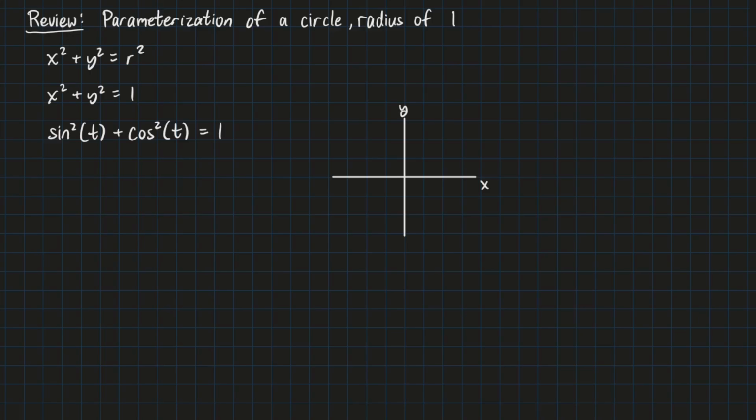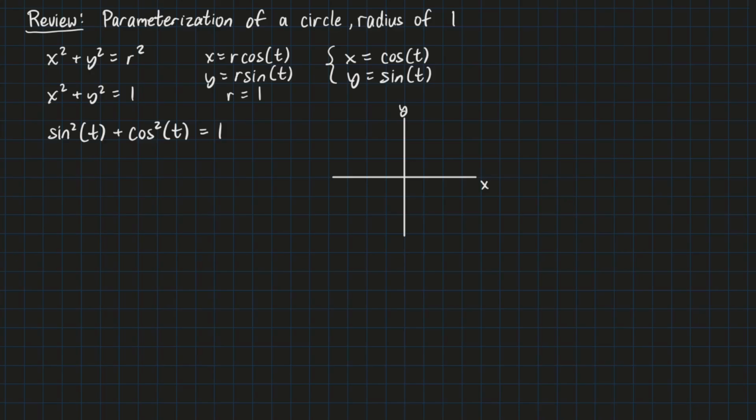So we can say that x equals r cosine t, and y equals r sine t, and r, the radius, is 1. So we can just make the substitution. So we can have this vector equation. Vector r of t equals cosine t, comma, sine t.